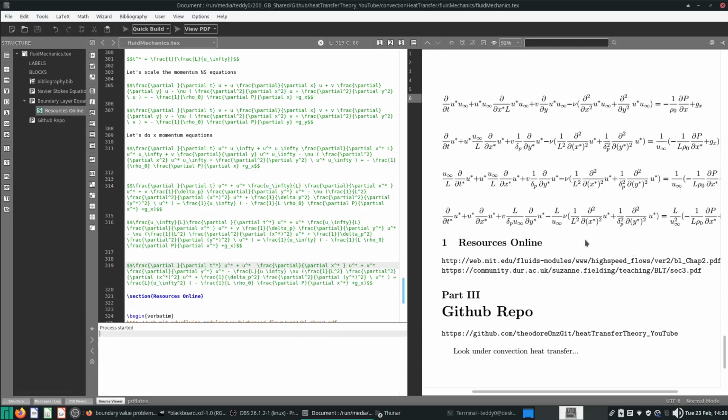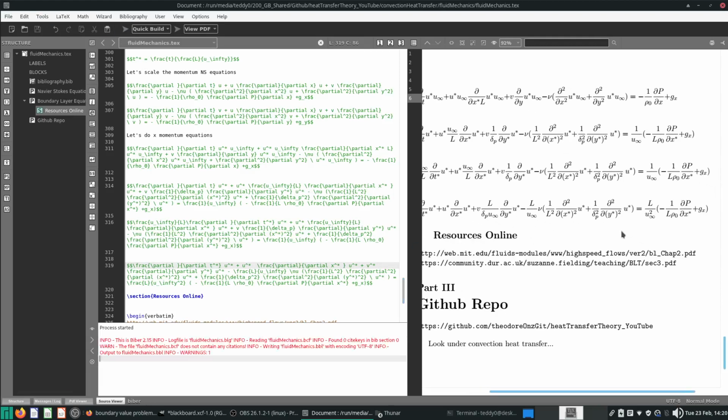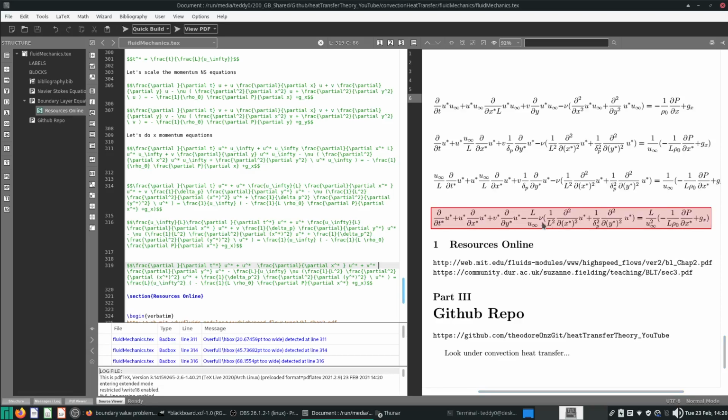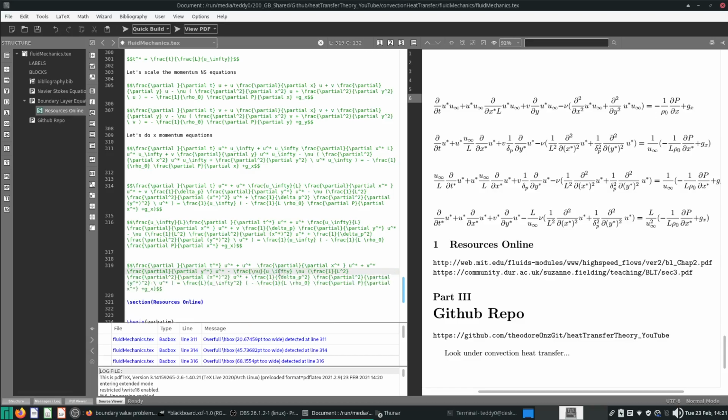So what can we do next? V star is there. We probably want to simplify this part because there's a lot of L over here. We might want to factorize out this L squared to make things a little neater. So L squared will be factorized out, and then you get nu over u infinity L squared.